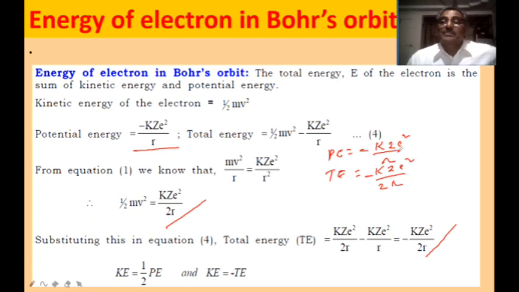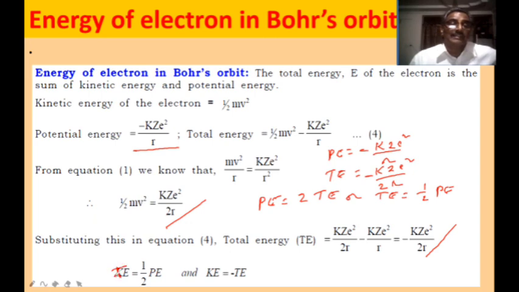That is, potential energy is double that of total energy. So we can write potential energy is equal to 2 into total energy, or total energy is equal to half of potential energy. This is not kinetic energy, total energy. Total energy is equal to half of potential energy.